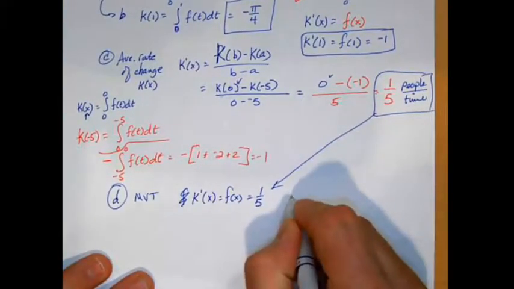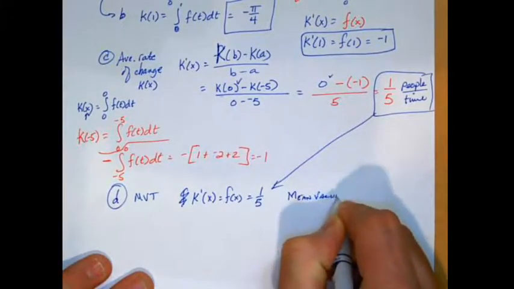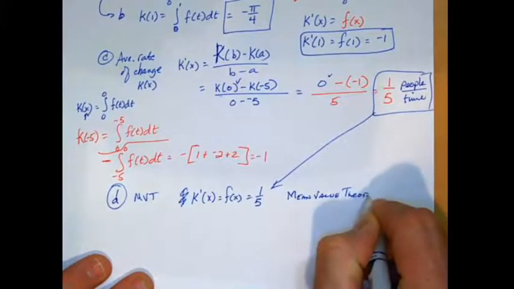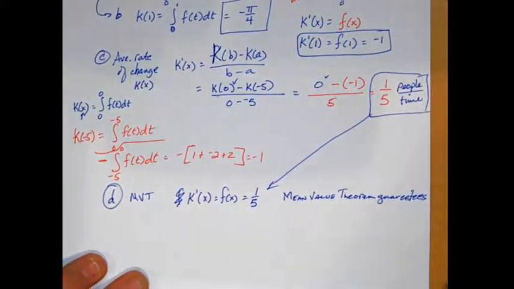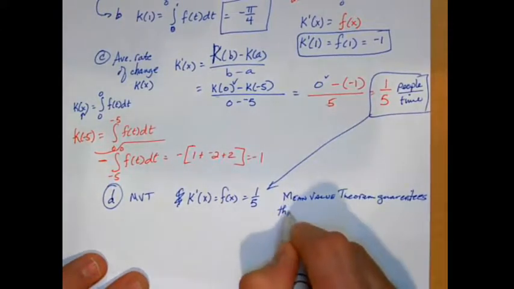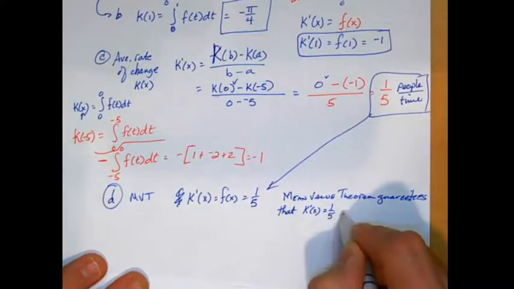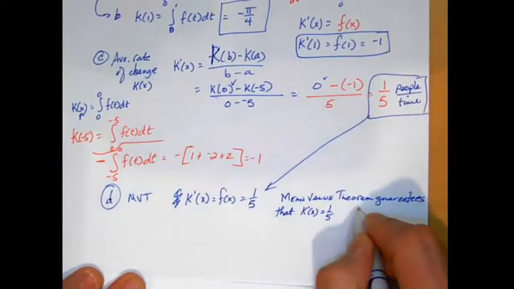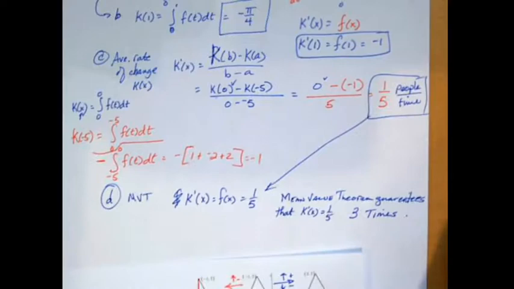So the mean value theorem guarantees that K prime of x equals 1/5 three times. Okay. State how many times K prime of x is equal to 1/5. 3 times.